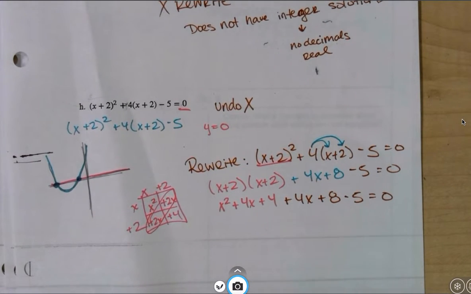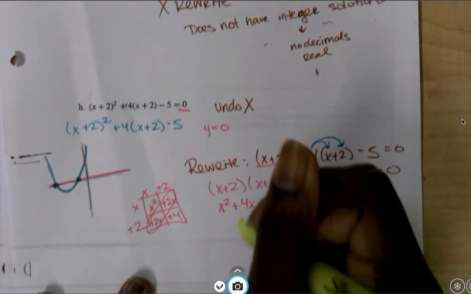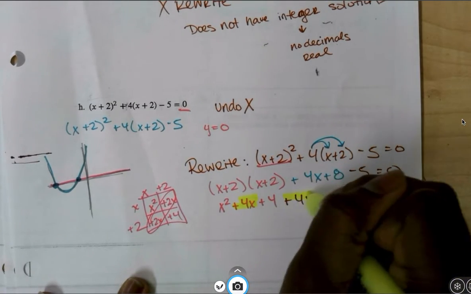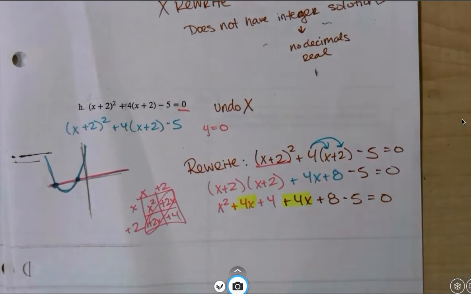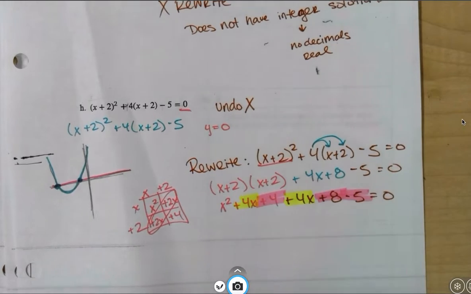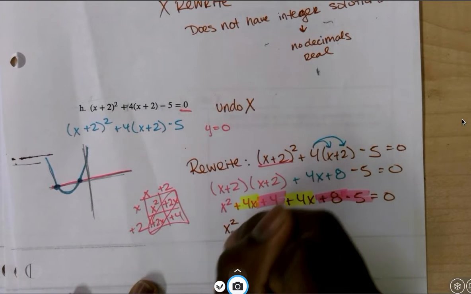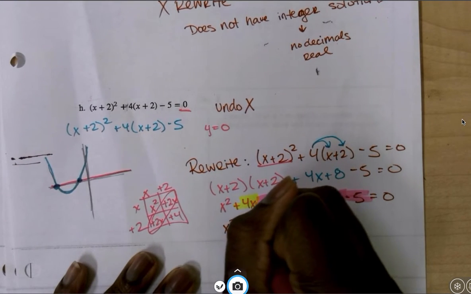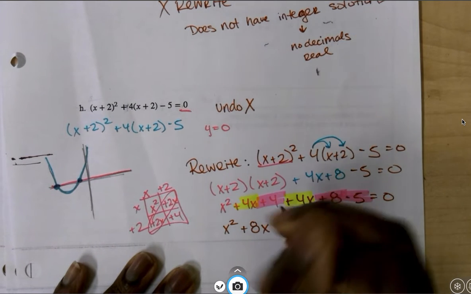So I'm going to take a few colors and highlight the terms that are alike, meaning they have the same variables. So I see x squared has nothing. 4x can be added with 4x. And then 4 plus 8 minus 5 can be added together. That means I'm left with x squared plus 8x plus 7. 4 plus 8 is 12, minus 5 is 7.